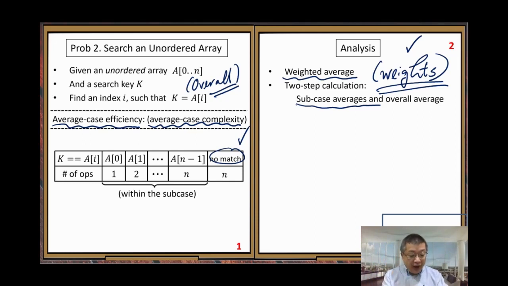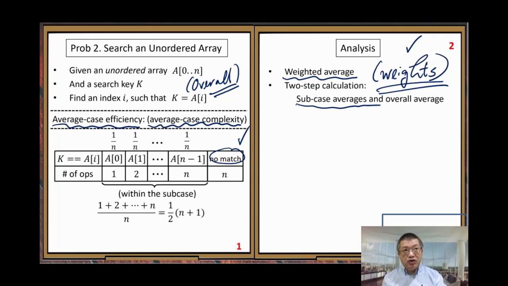All right. Within the hit, or match, subcase, we calculate the first subaverage. Based on our first assumption, we put the probability 1 over n for each individual case. That's the weight.